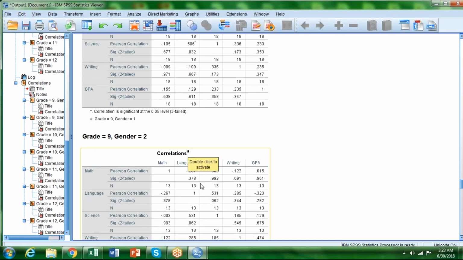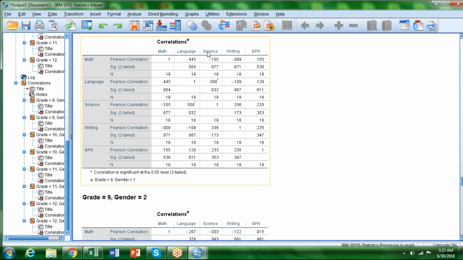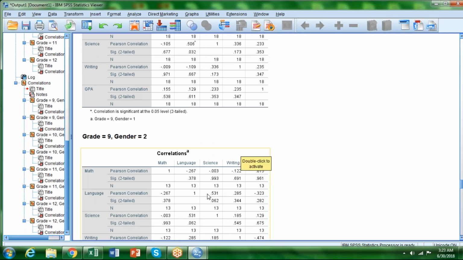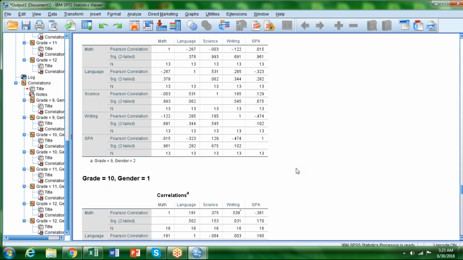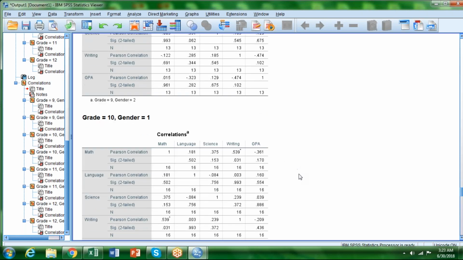Females, minus 0.267. So it's telling us that there is some relationship, but not statistically significant, between the 2 tests for the males, but it's going the opposite direction for the females. The language and the math scores are going in opposite directions for the females.